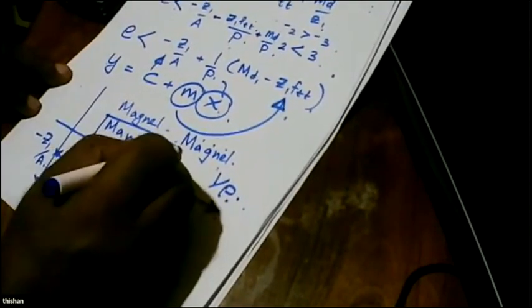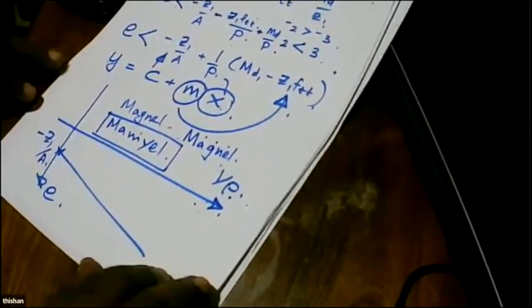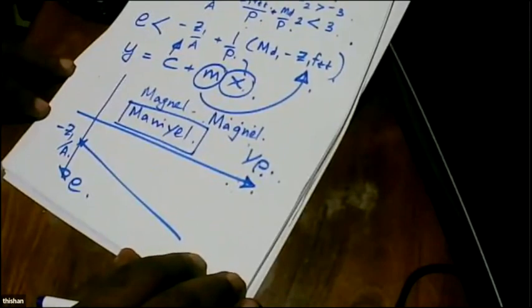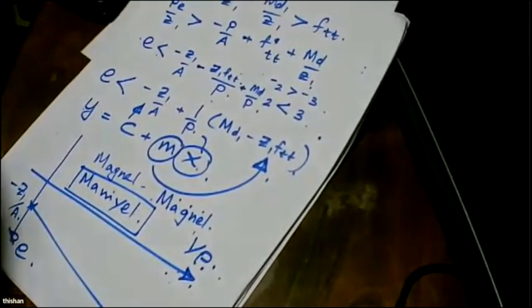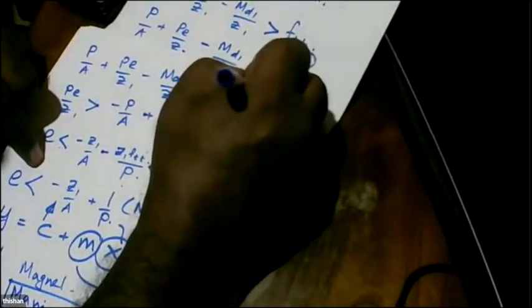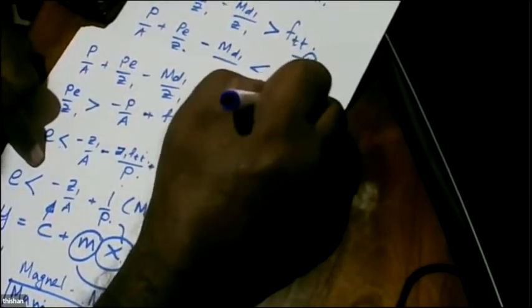All over the world, people call it Magnel diagram, but because we write it that way and his name is Manier, it's actually Manier's diagram. Manier is the first person, a Belgian engineer, who invented this graphical representation of pre-stressing equations.